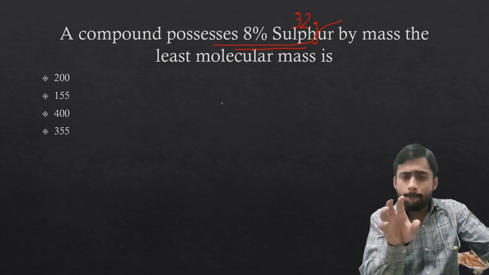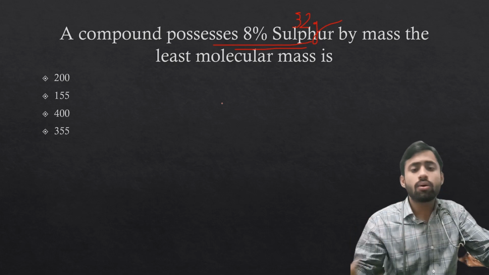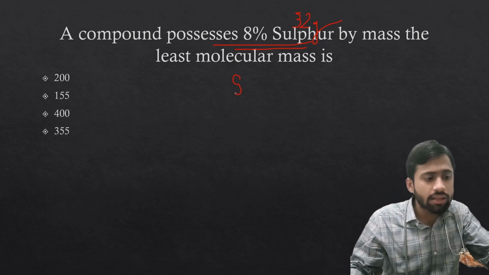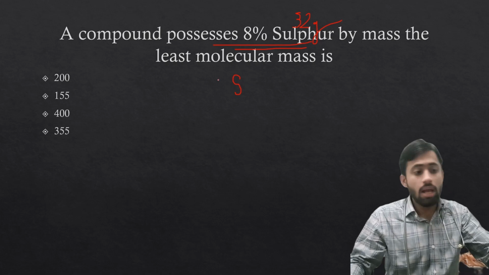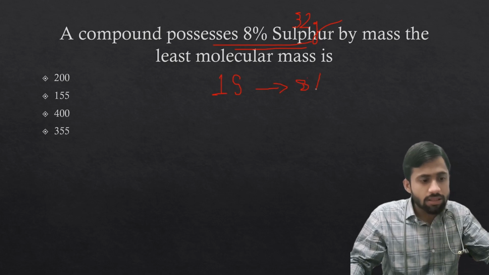Now if a molecule has sulfur in it, it must consist of at least one sulfur. So there is a single sulfur in it, and that one sulfur makes up 8% of that compound.